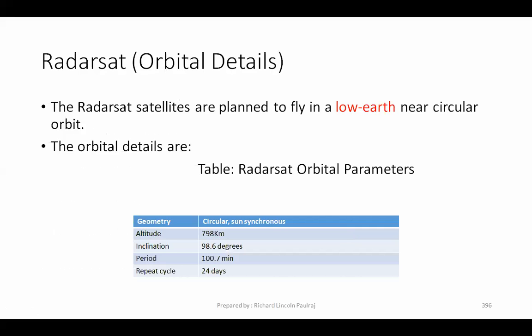So these are some of the specifications for Radarsat. It is in the LEO region, which is low Earth orbit, and the altitude is about 800 kilometers, and the inclination is about 99 degrees. The period it takes for rotation is about 100 minutes, so close to 2 hours, and the repeat cycle is 24 days.